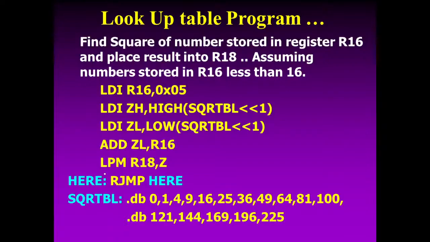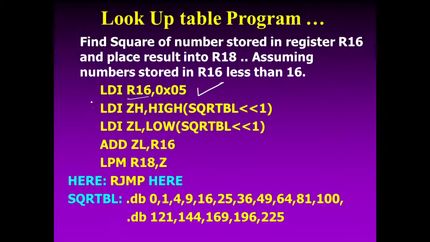I will discuss a very simple example in which we will find out the square of a given number. Consider that we don't calculate the square by multiplying two values together. Let's say we use a lookup table to find the square of a given value. Our intention is to find the square of this number 5, and this 5 is loaded to R16.